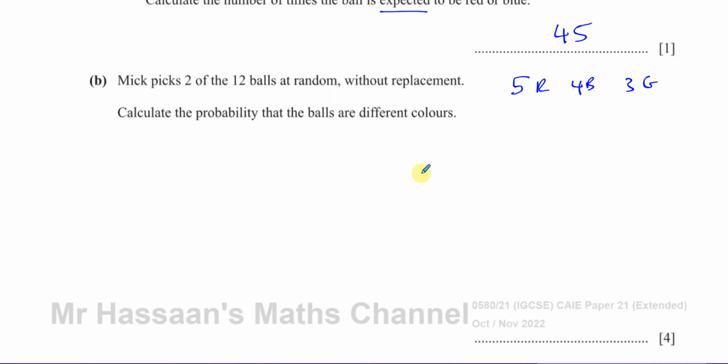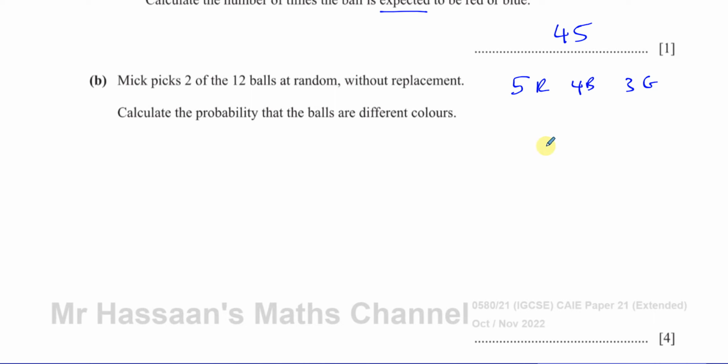So for them to be different colors, there are lots of different arrangements we could get. If we were to draw a tree, for example, we would have red, blue, green, and then from each of those red, blue, green, you have all these different outcomes. And we'll have to choose all the ones that are different. Now, what would be easier for us, with fewer combinations, are the ones that are the same.